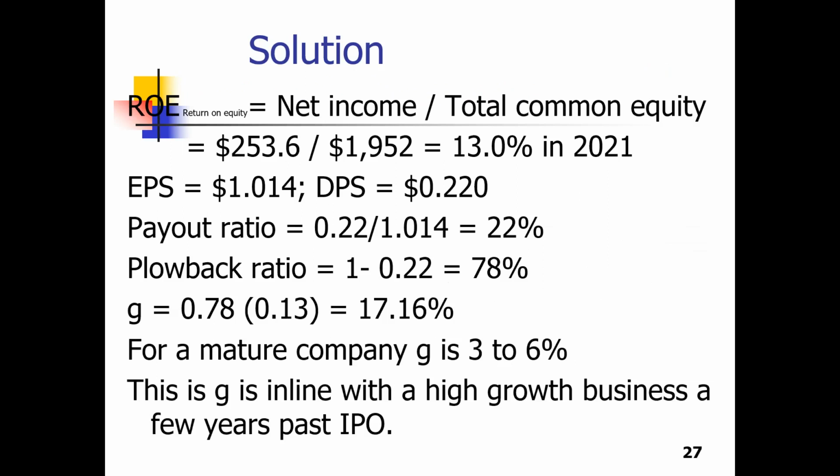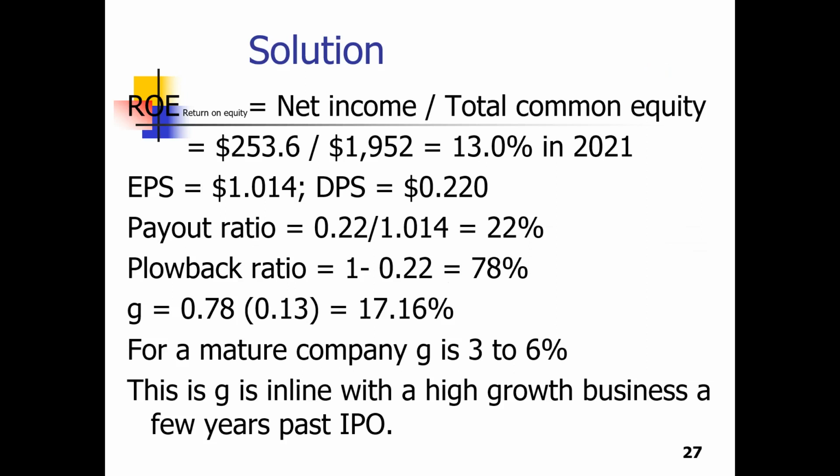Net income of 253 divided by 250,000 shares gives you an earning per share of 1 point something. So makes sense. Dividend per share cannot be calculated. This is decided by the board of directors, but it's data that is given to us, and it's 22 cents for every shareholder in this case. So every shareholder made $1, but we paid them 22 cents. The rest of it we count.